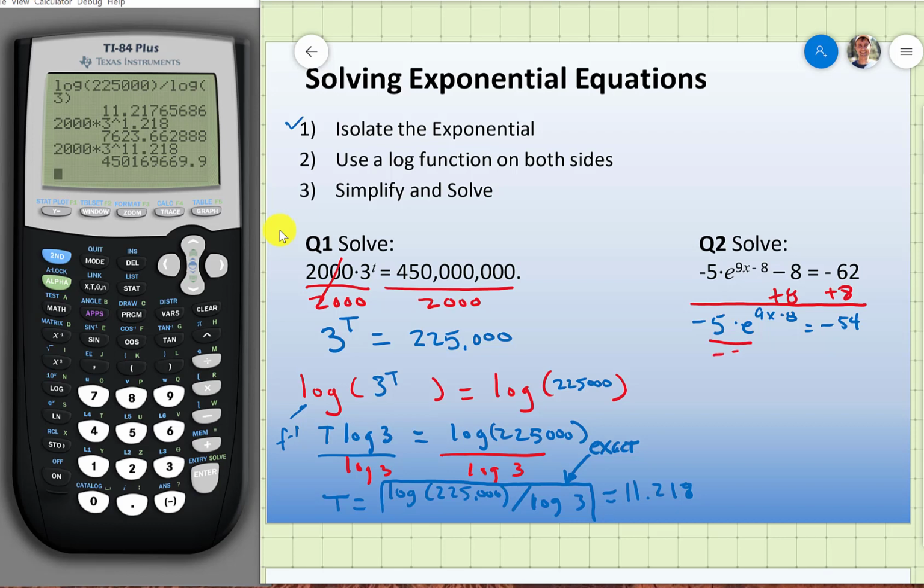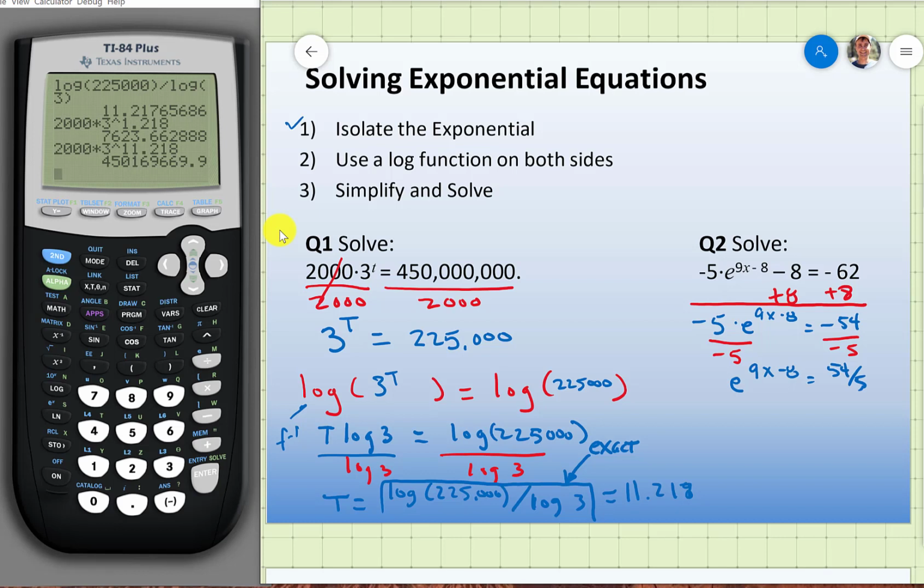So multiplication, division, adding, subtracting, I can just cancel that or solve that with normal algebra. And I'm down to this expression here, 54 over 5. And I want to get the exponential by itself.